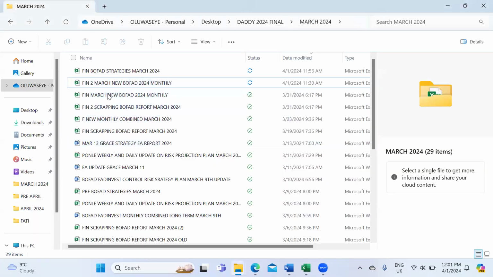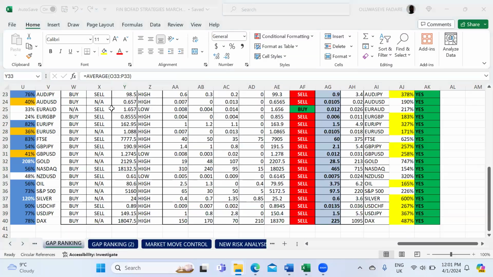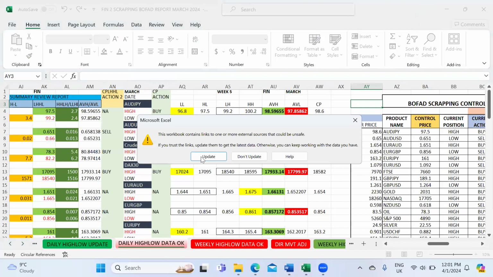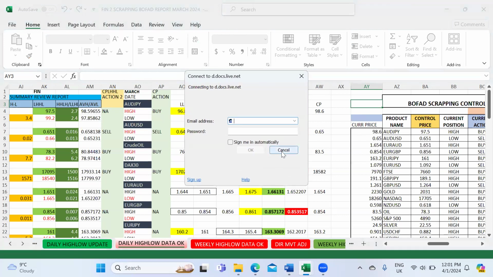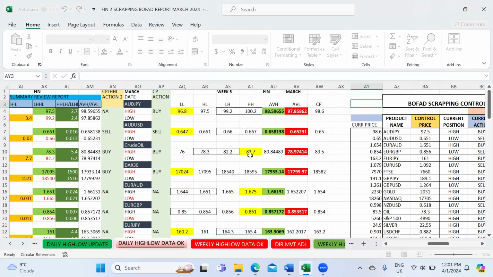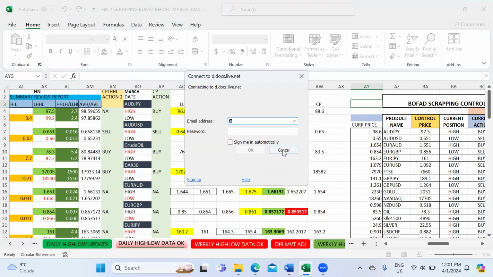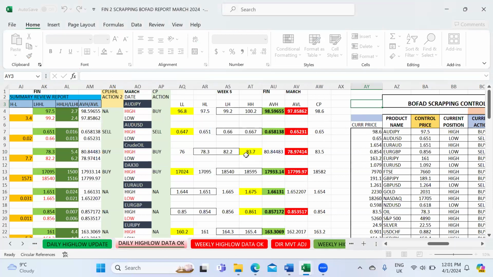So, for our scrapping report, it shows the direction of the market and then the final result at the end of the day. So, getting all the data available, it helps to show the move of the market independently.